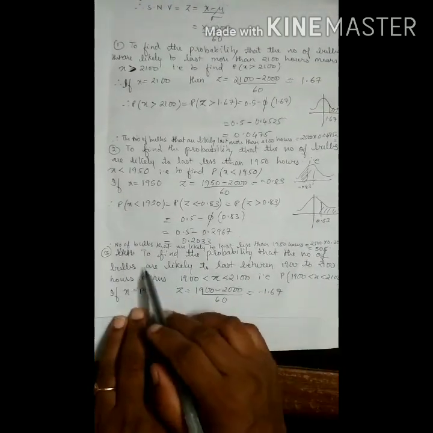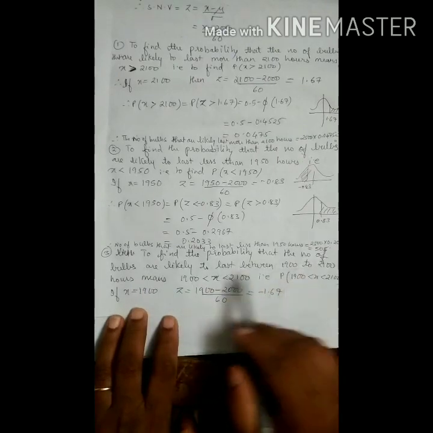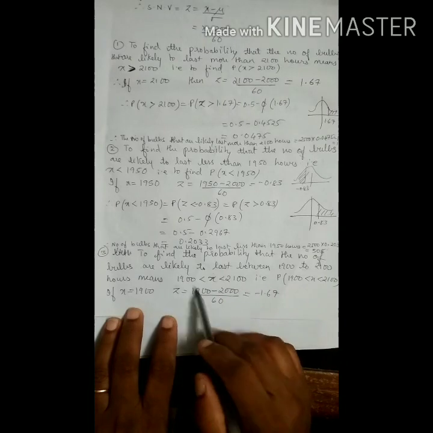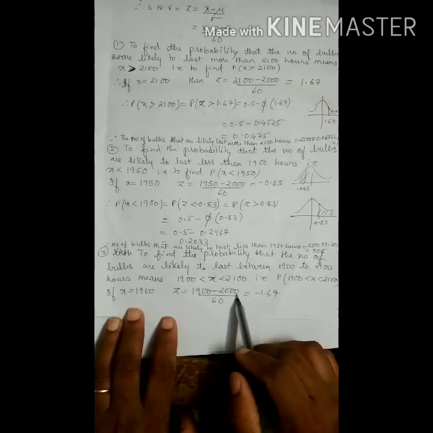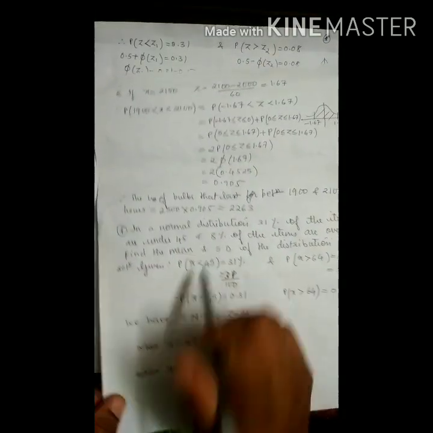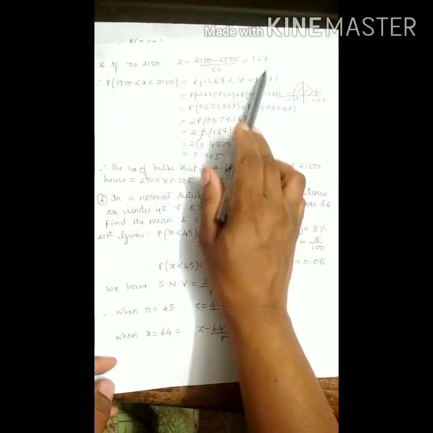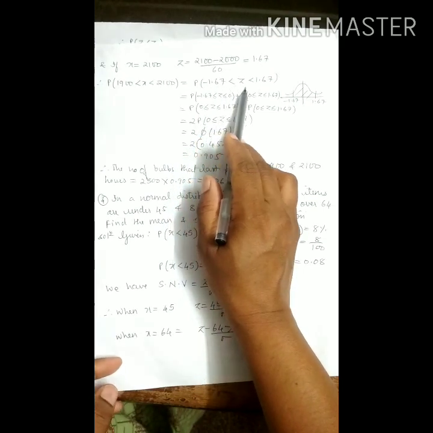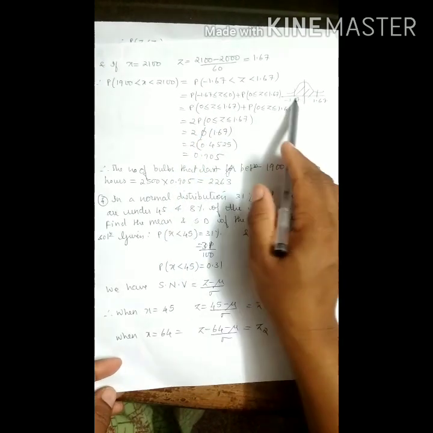Similarly, to find the probability that the bulbs are likely to last between 1900 and 2100, change to z for both. This will be equivalent to minus 1.67 and 1.67. That means the probability of minus 1.67 less than z less than 1.67. Draw the figure.